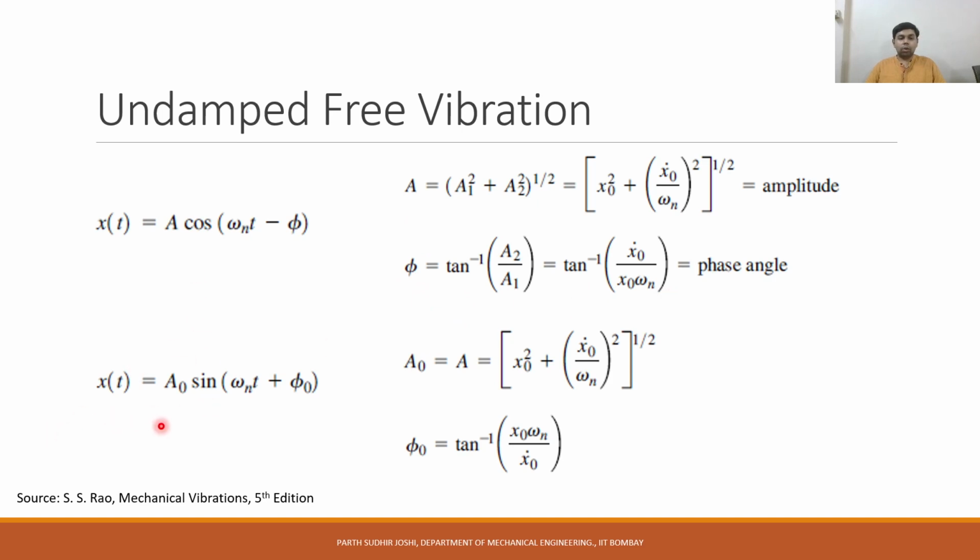So we can also alternatively assume the solution in this form, which is x of t is A naught sine(omega n t plus phi). So instead of cos, we can write it as a sine function. So similarly, we can also get expressions for the amplitude and phase values.